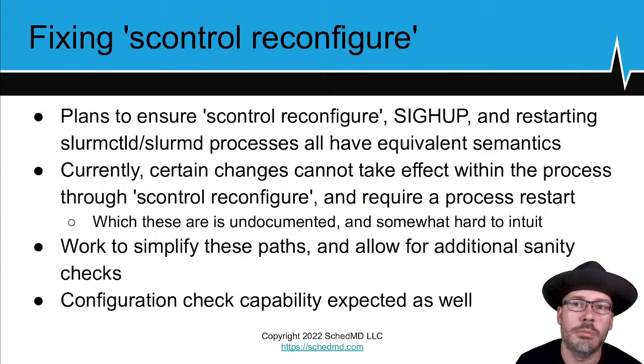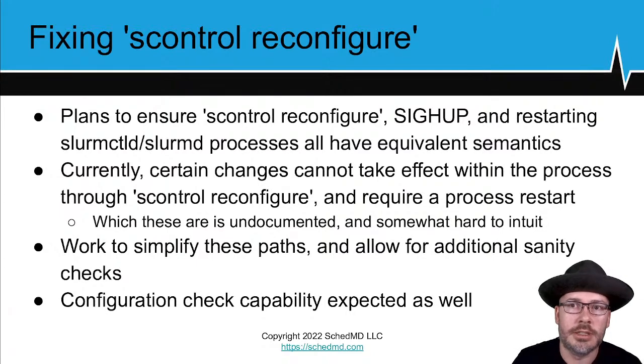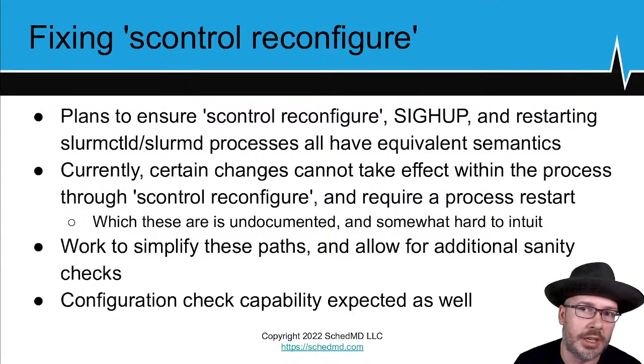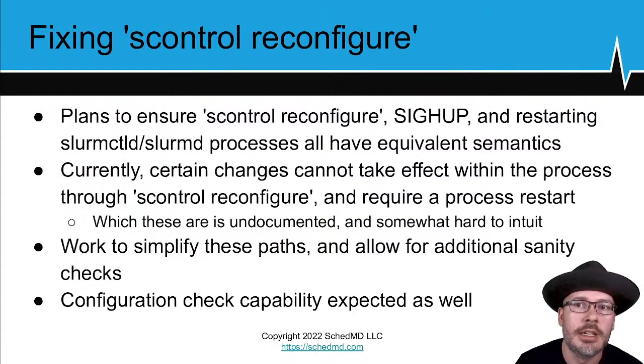it needs to modify, for example, the task plugins. The slurmds can't change that on the fly. What we're looking at doing longer term here is pivoting away from that current model to allow it to spawn off a new child, to ensure that that child will be prepared to take over the process and run successfully, which will also allow it to change the plugins, which is something it can't technically do today.